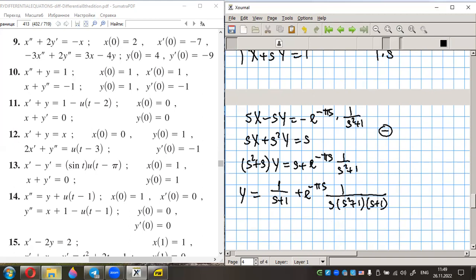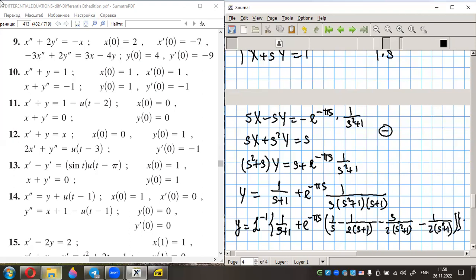And here you can also use the method of undetermined coefficients and find that y is the inverse Laplace of 1 over s plus 1 plus e to the minus pi s times [1 over 2(s plus 1) minus s over 2(s squared plus 1) minus 1 over 2(s squared plus 1)] at point t.